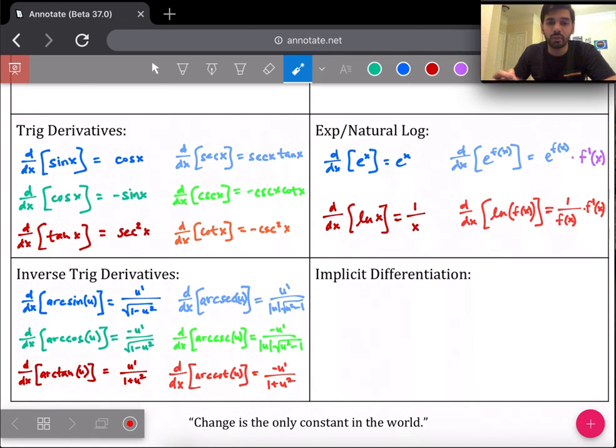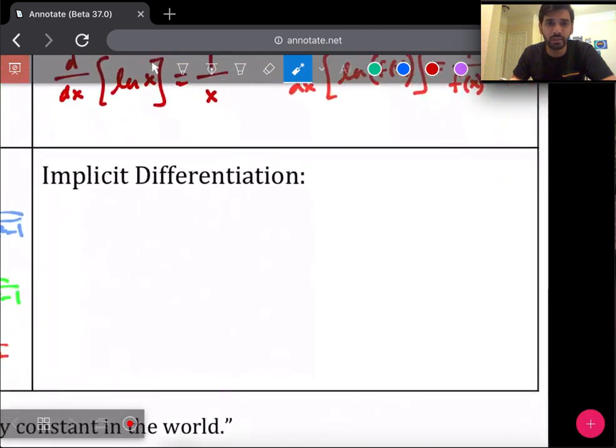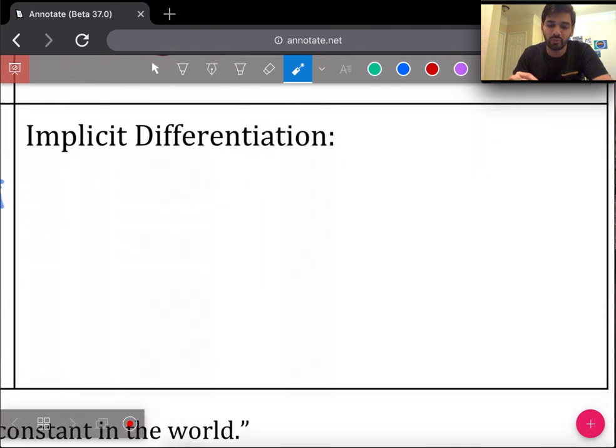Okay, so for implicit differentiation, there's not really a formula I can tell you here. I guess I'll just have to put an example in here with just a small explanation. You use implicit differentiation when the equation is not explicitly solved for y.